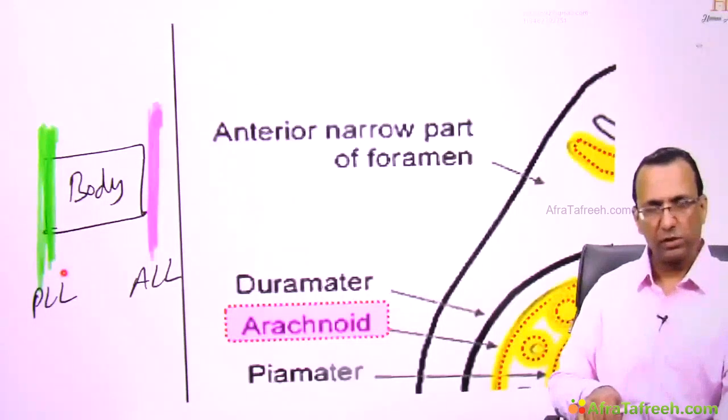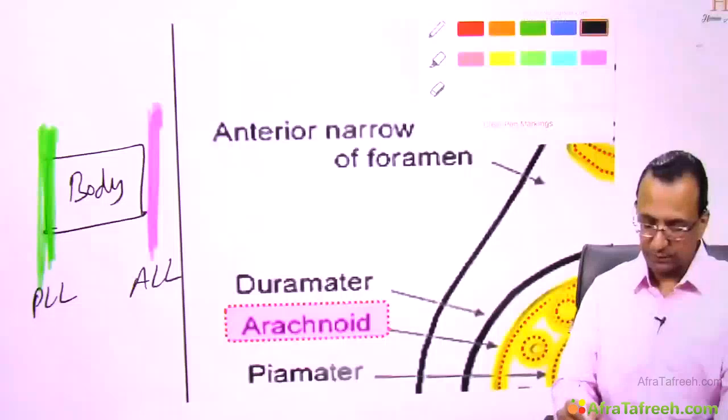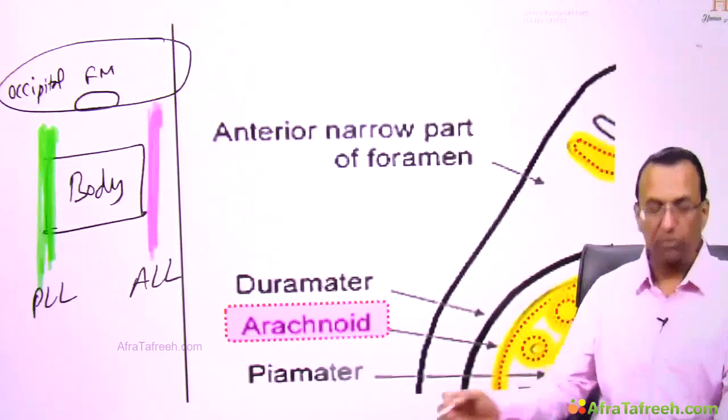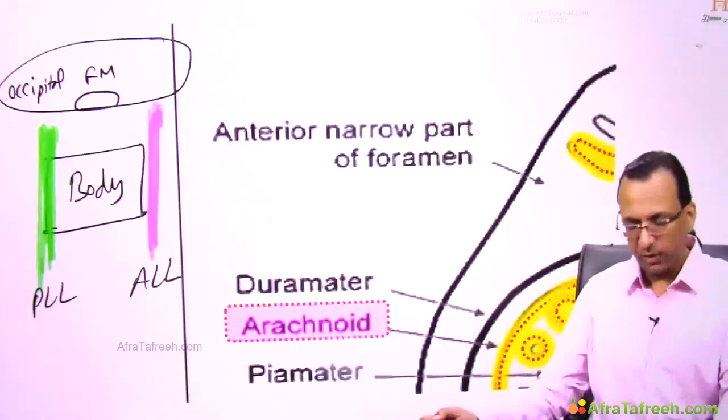Now comes the skull, the occipital bone. But to reach the occipital bone, you have an opening, the foramen magnum.